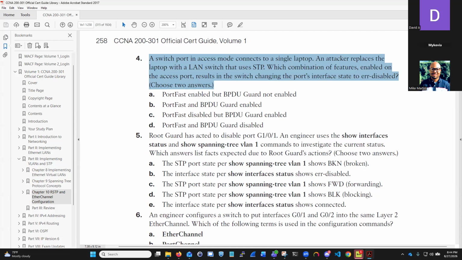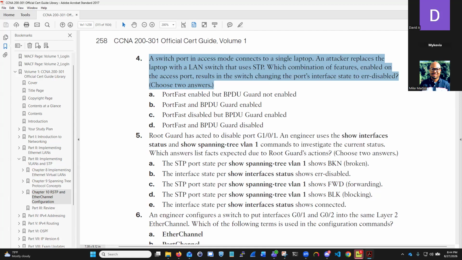That's enabled. Okay, so A is not one of the answers.